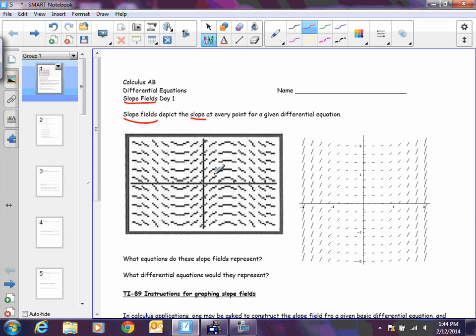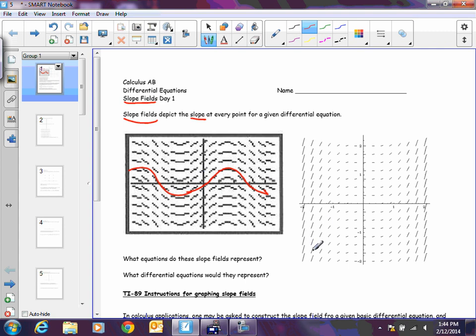And so if you look at this one, I'm not going to talk too much about what these are, but if you kind of follow, yeah, it kind of looks sinusoidal, doesn't it? All of these little segments together as a slope field represent the derivative of sine, which is cosine.